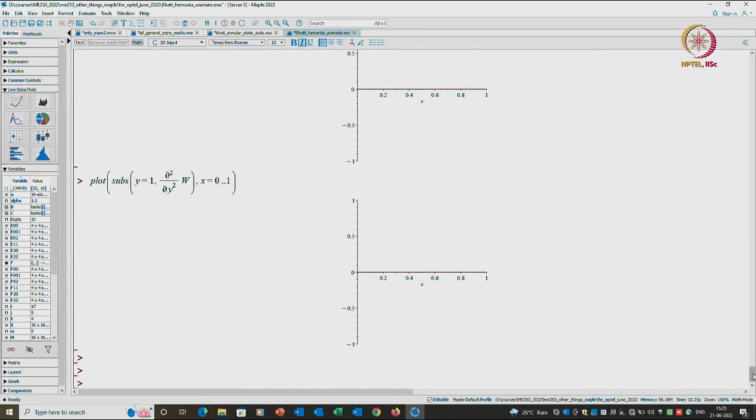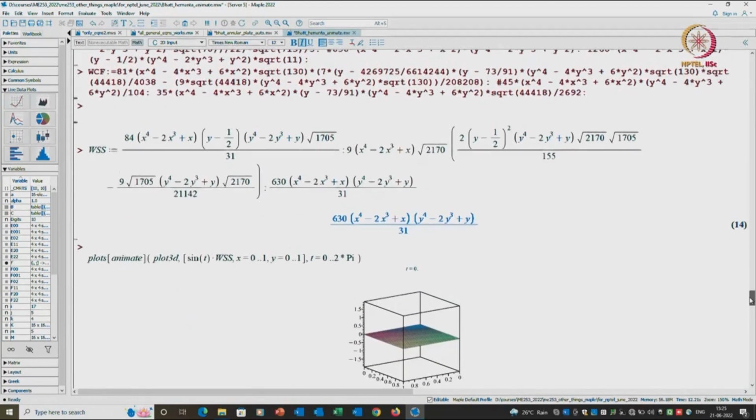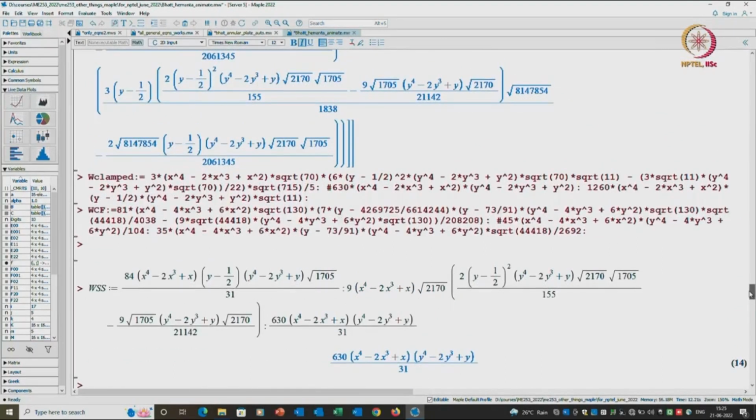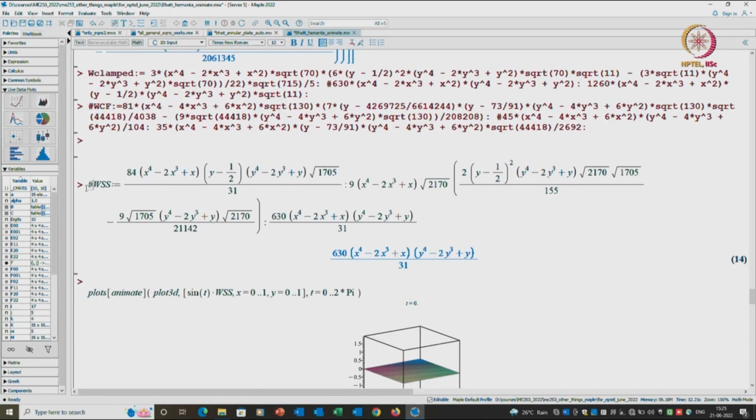now if I go to this point here, as I said, I have already programmed it. So if I comment this and comment this, here we have clamped. So there is one term, two terms.